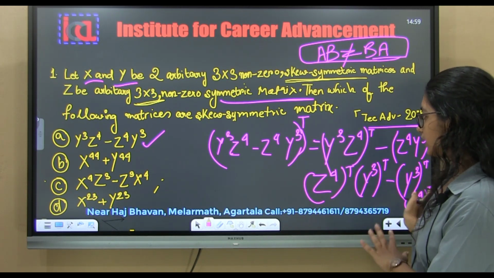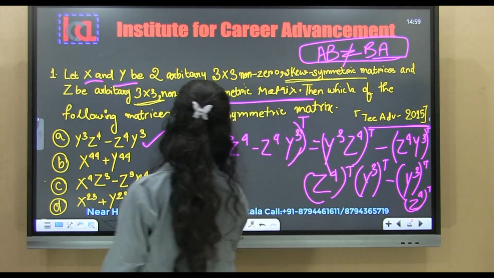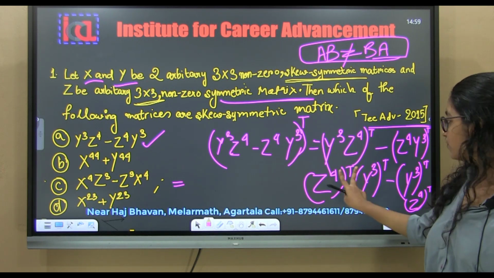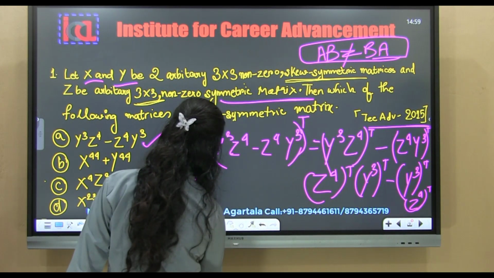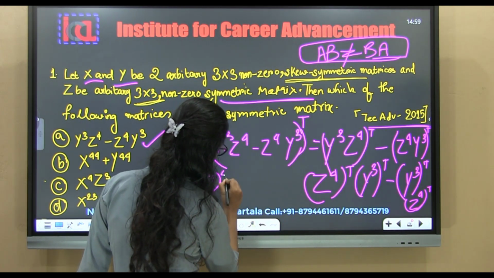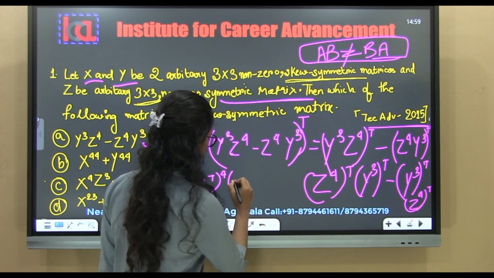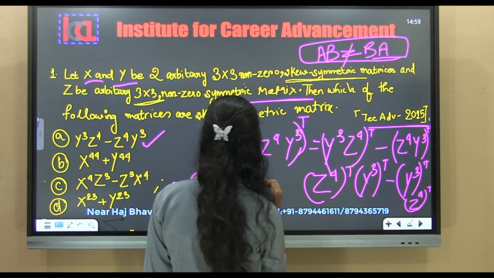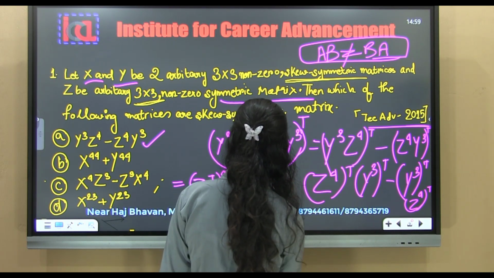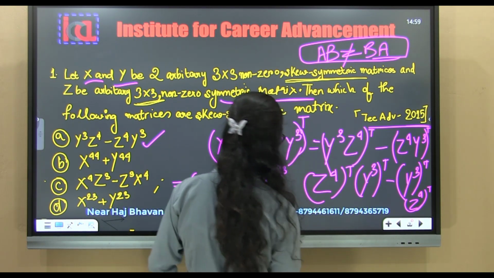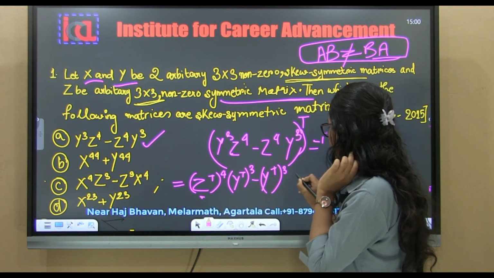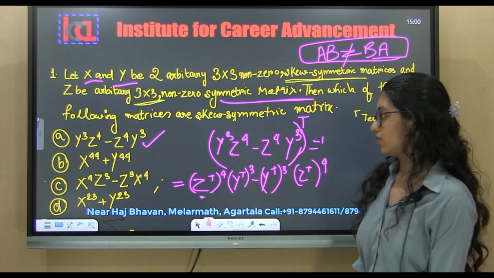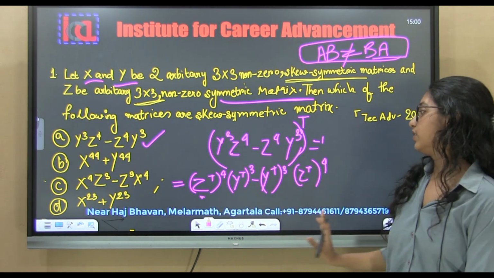So after this we can directly write, we can interchange this, so here we can write Z transpose whole to the power 4 into Y transpose whole cube minus Y transpose whole cube into Z transpose whole to the power 4.